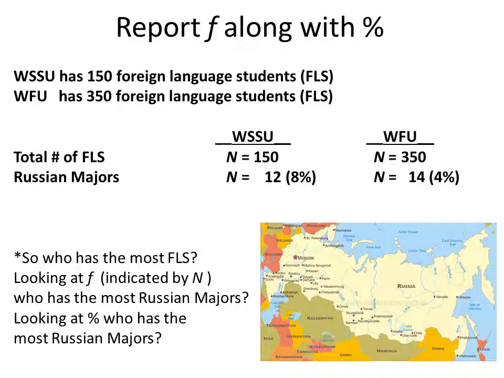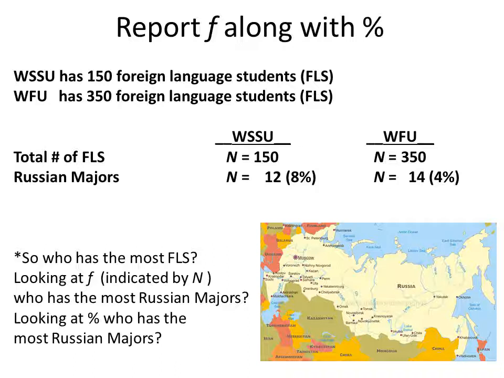If we were only looking at the percentage, we might say WSSU has twice as many Russian majors, 8% instead of 4%, compared to Wake Forest. But if we actually look at the frequency, based on the total number of foreign language students, we see that Wake Forest actually has 2 more Russian majors than WSSU.